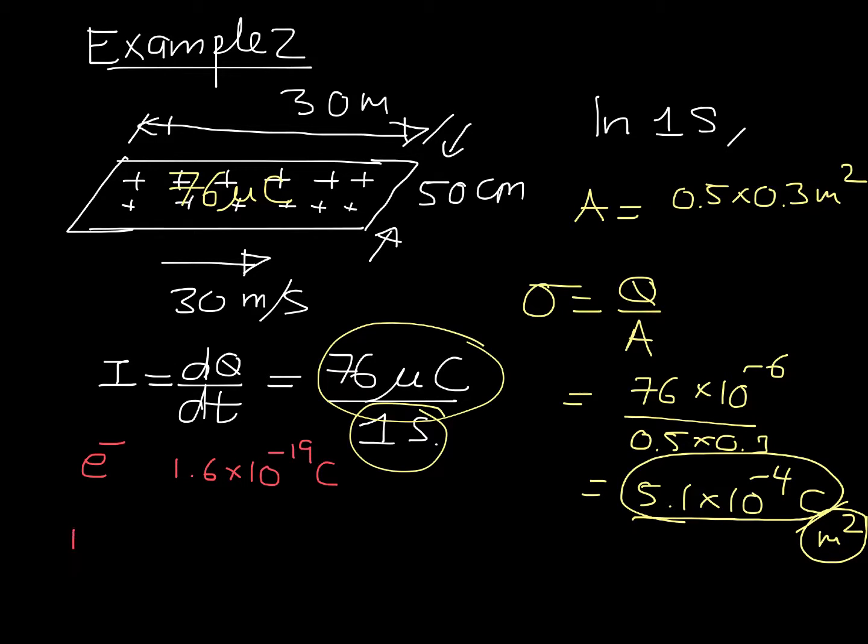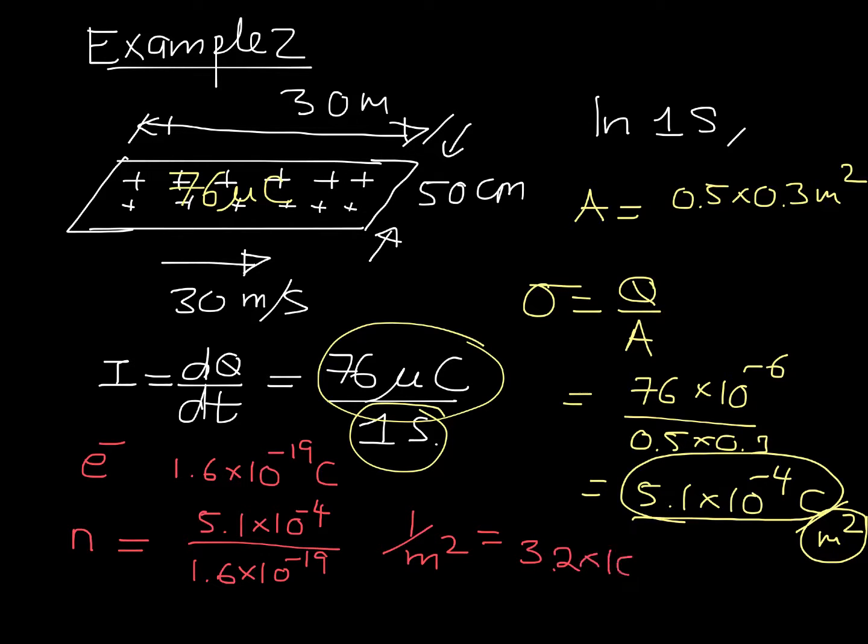So if we want to get the number, we just divide 5.1 times 10 to minus 4 by 1.6 times 10 to minus 19. So we get the number of electrons per square meter, and this is 3.2 times 10 to the power of 15 electrons per square meter.